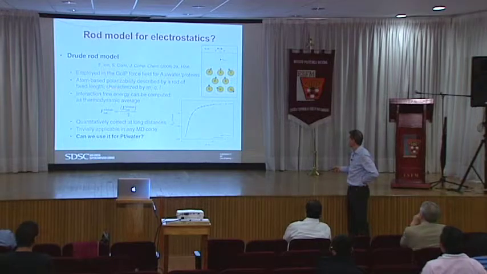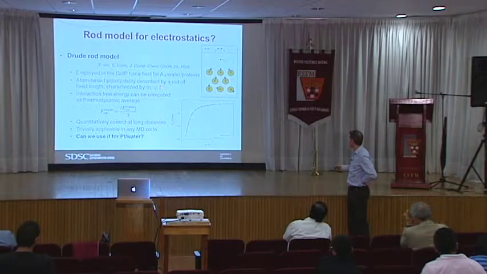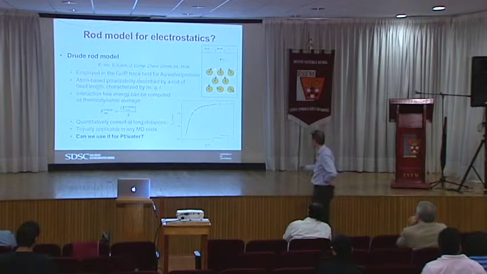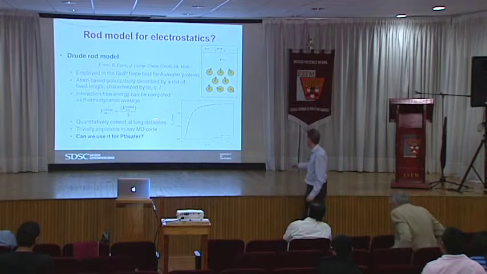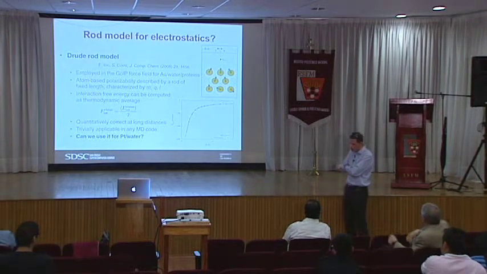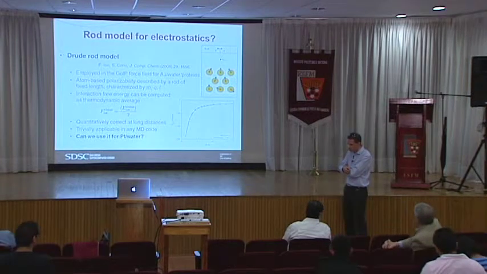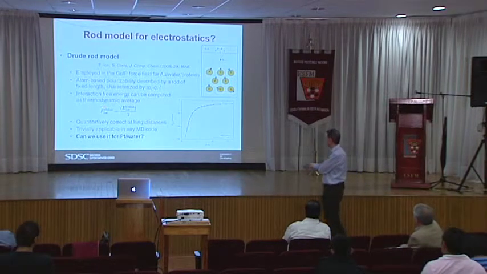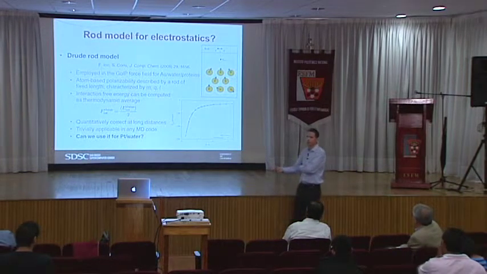And here the atom-wise polarizability is described by a rod that has a fixed length and is characterized basically by its mass, the charge Q, and the length of this rod. And then you can compute the interaction free energy as an average of the electrostatic energy. So on average, it would give you back the polarization energy of the metal. So this is quantitatively correct at long distances.